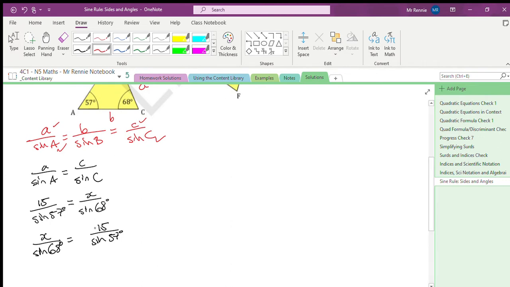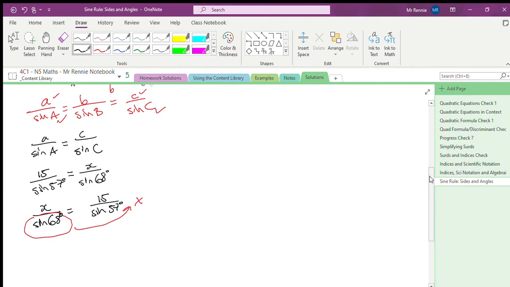I'm almost there to get my answer. What I need to do is get this sine 68 over to the other side, and because it's dividing on the left hand side, it's going to come over and multiply. That gives me x, not over anything anymore because I've moved the sine 68. So x will equal 15 over sine 57 multiplied by sine of 68.